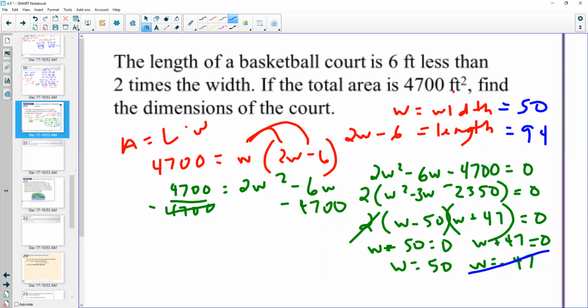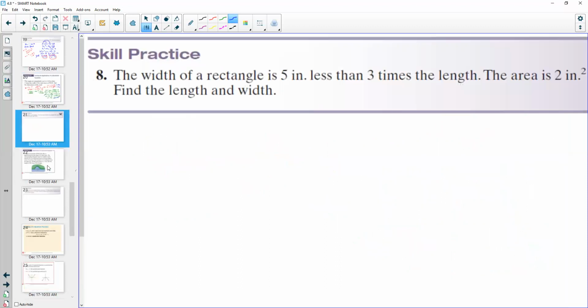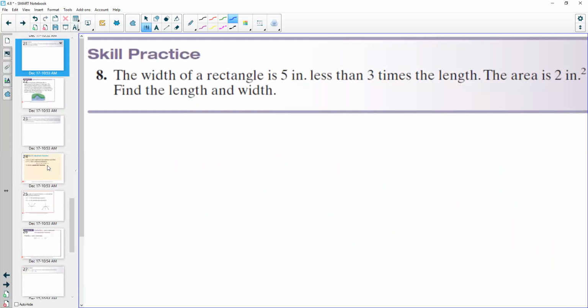All right, the next one we're just going to set up. The width of a rectangle is 5 inches less than 3 times the length. Okay, so I know the length is just L. The width is 5 inches less than 3 times the length.